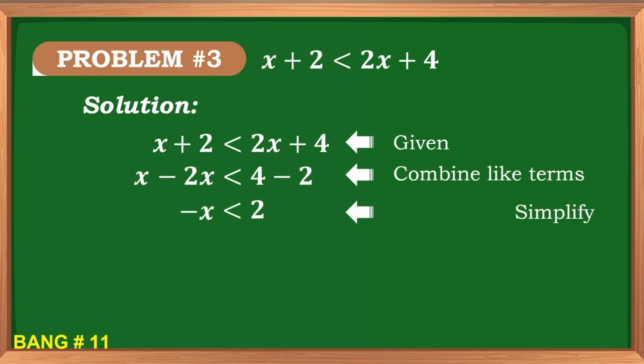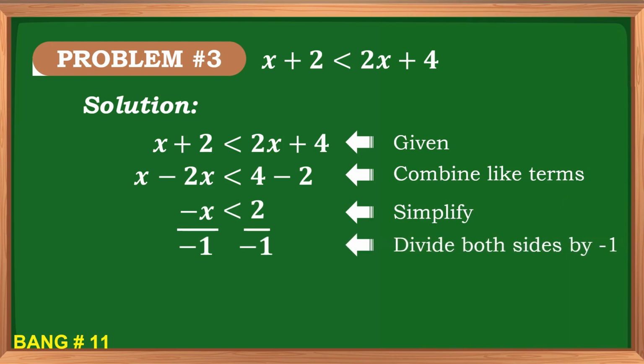Negative x is less than 2. To eliminate the negative sign, you need to divide both sides by negative 1. But remember, dividing both sides by a negative number will change the inequality symbol. So this becomes x is greater than negative 2. And that's your final answer.